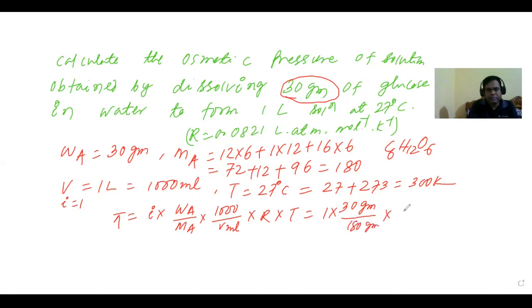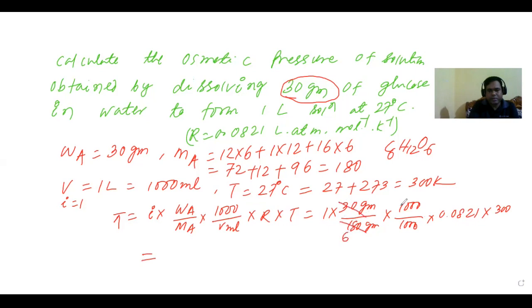Then 1000 by V in liter is 1000, into R is 0.0821, into T is 300 Kelvin.